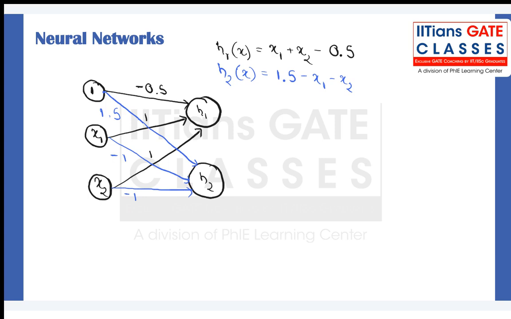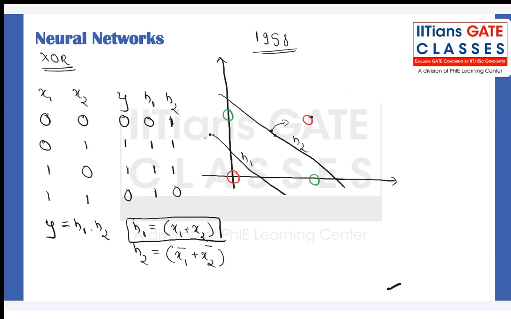If you remember, there was one more step to get Y. I have my H1, I have my H2. Now think of these as other inputs, X1 prime and X2 prime. What you are doing is something called the AND gate, and you already know the AND classifier.